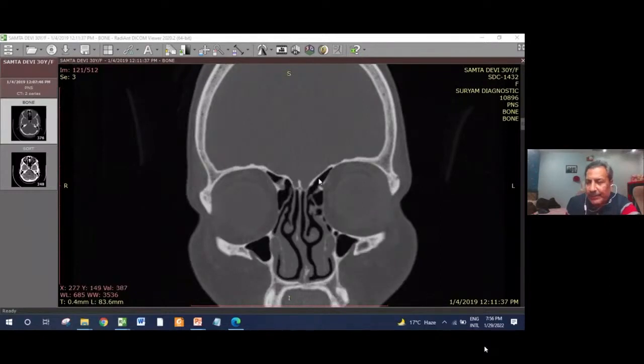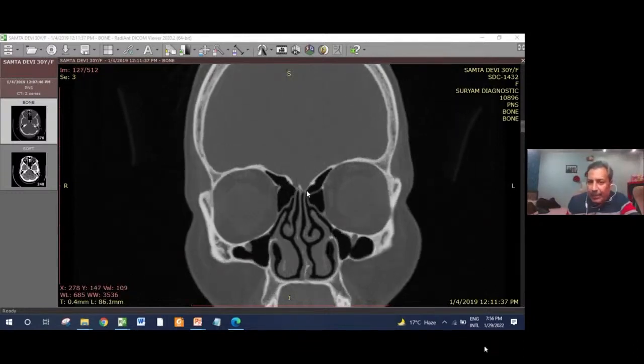Secondly, the depth of the olfactory fossa is so important. The reason being, if the olfactory fossa is shallow, not very deep, the length of the lateral lamella you are in contact with is much less. The chances of damaging the lateral lamella and getting a CSF leak are relatively minimal compared to a deep olfactory fossa.